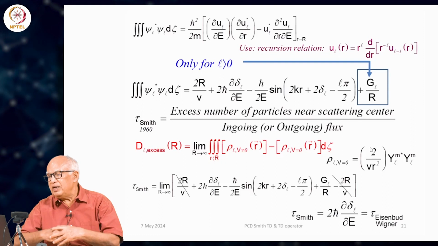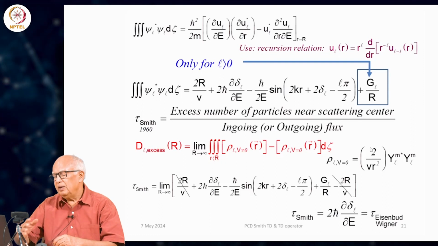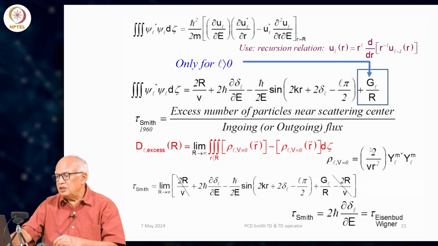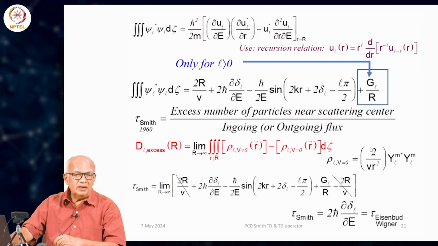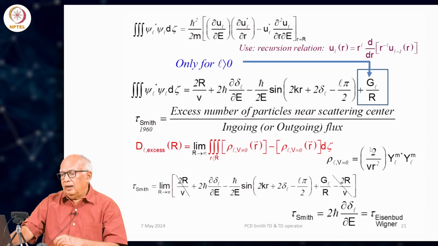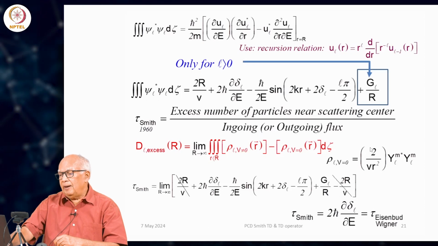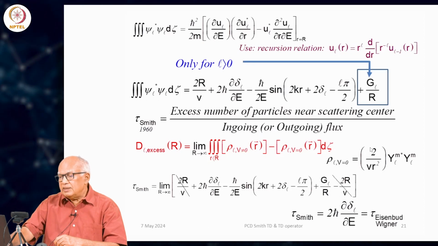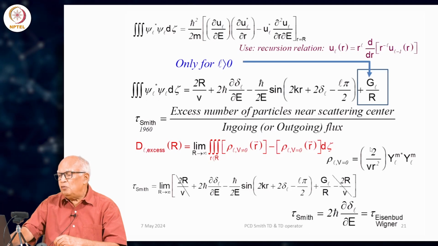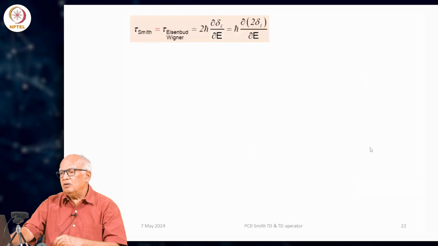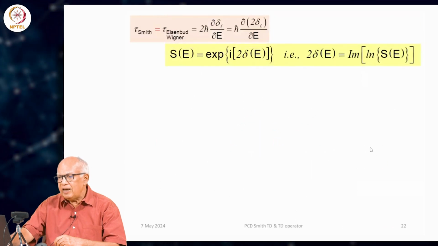We have a completely independent criterion, but we get a result which is the same. Yes, it is. And this is the Eisenberg-Wigner-Smith time delay, or the EWS time delay.